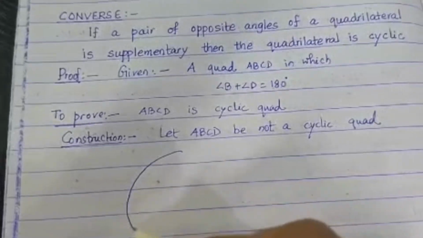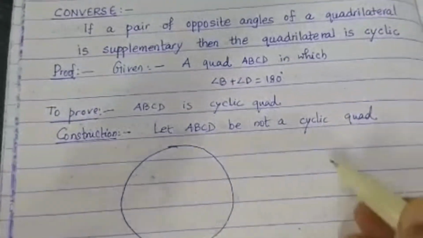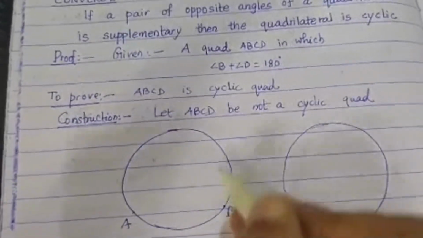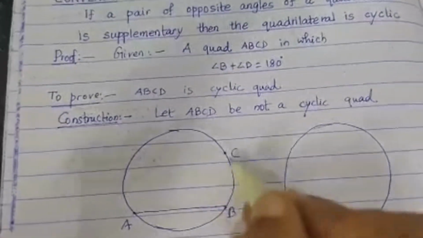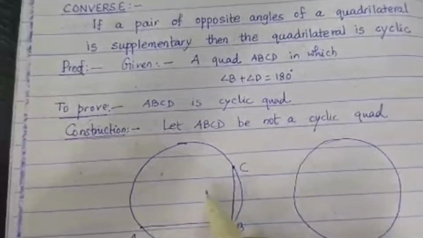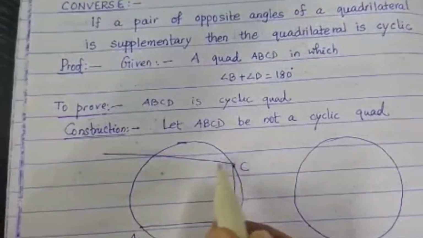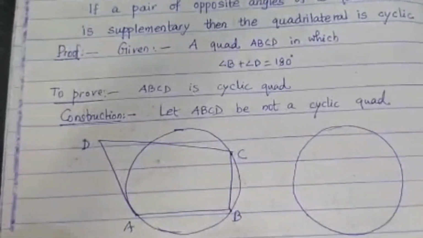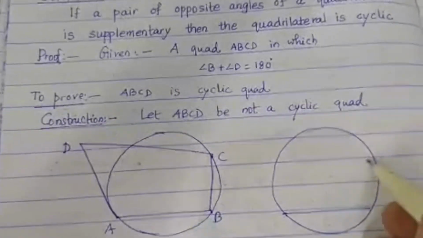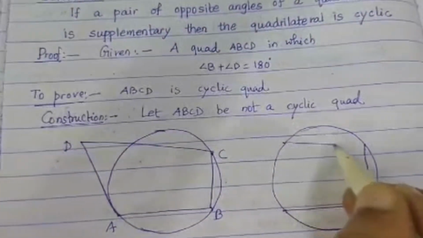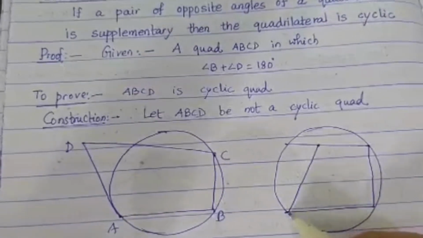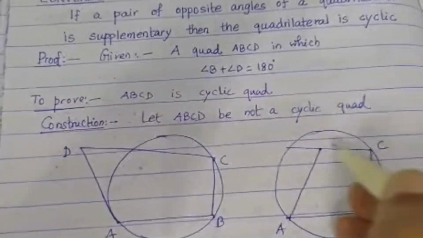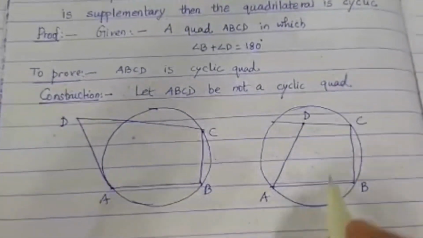So basically we will draw these two figures. One will be like this: A, B and C, and the fourth point, if it is in the extended portion of this, let us suppose this is the fourth point D. And the second figure will be like this: this is A, this is B, this is C and this is D. So ABCD is not a cyclic quadrilateral.